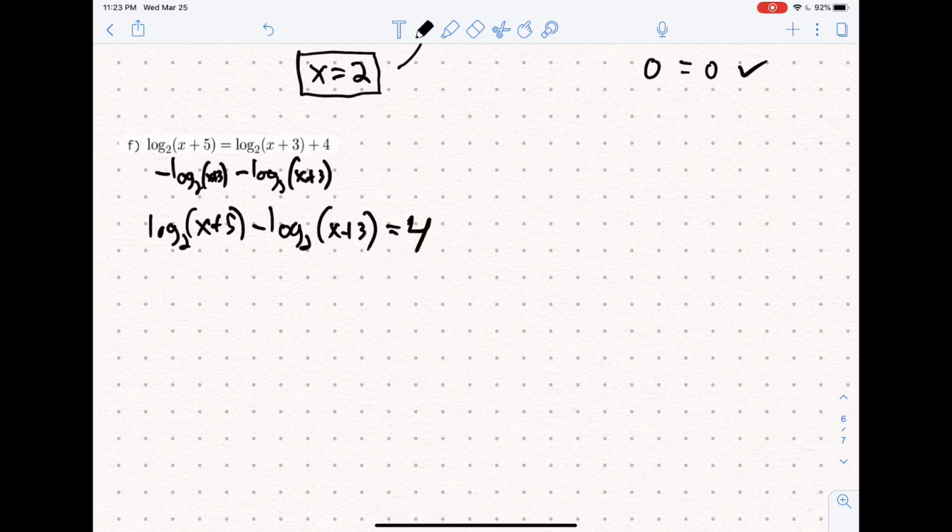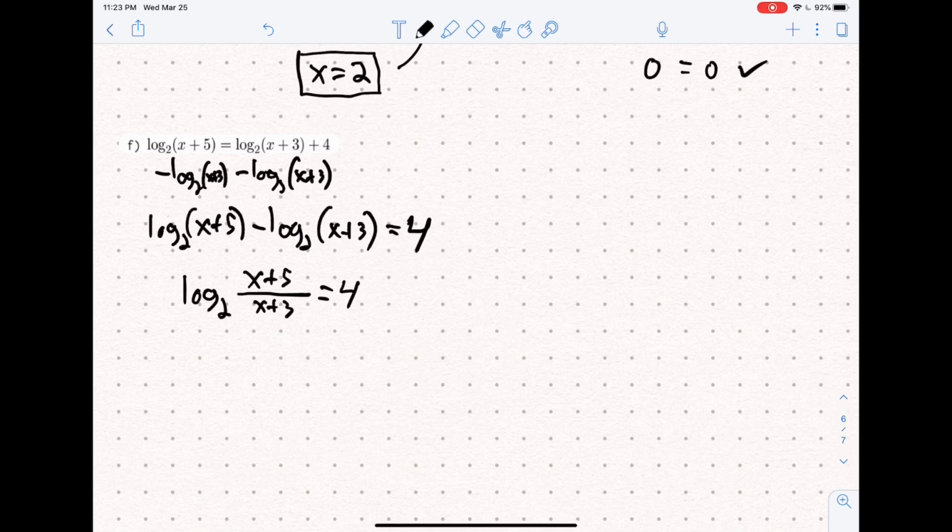Now, it hasn't gotten much better, but on the left-hand side we now have two logs. They're both log in base 2, and they're connected with subtraction. So we can combine these two logs together. And when we do that, we get log in base 2. When they're subtracted, we get a fraction inside, x plus 5 on the top, and x plus 3 on the bottom. And that's all equal to 4.